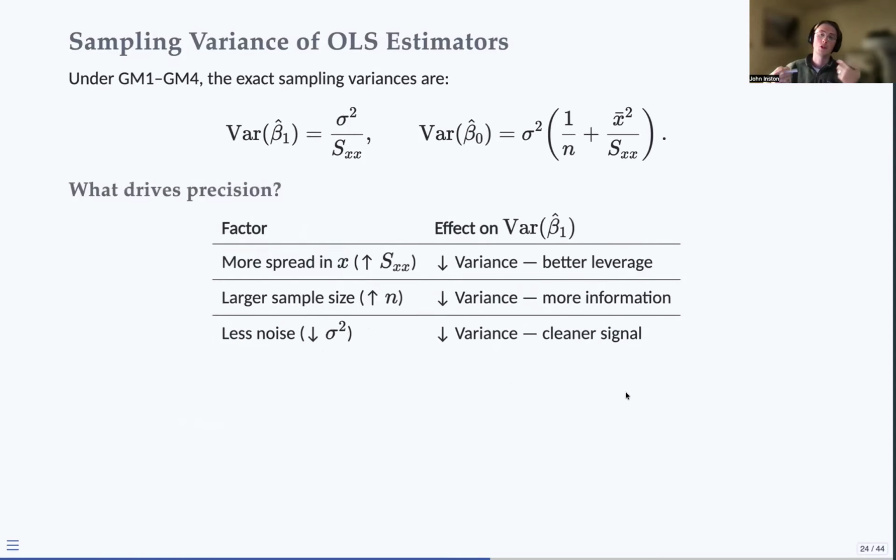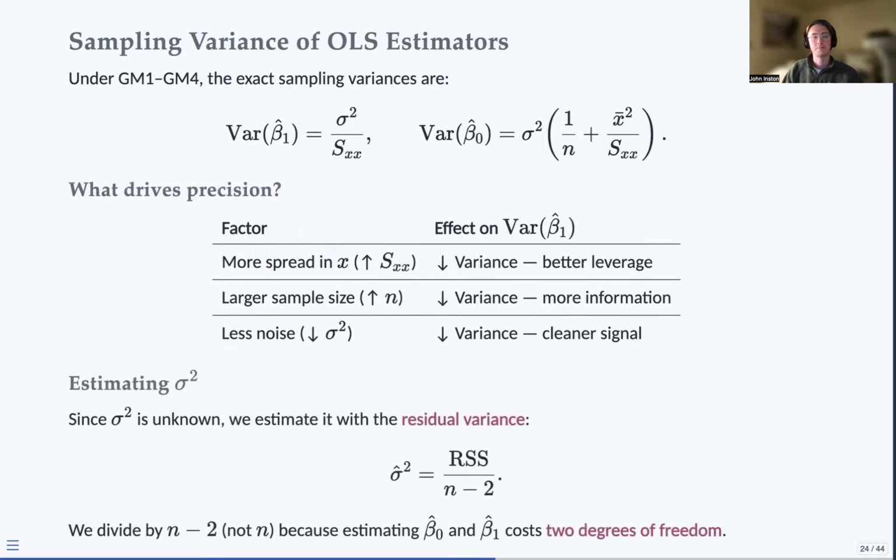Because we're using the model, we're assuming the underlying data has this linear relationship plus some Gaussian noise component, and if that noise component has less variance, then there's less noise. The signal is cleaner, and we have a closer distribution of estimates around the true line.